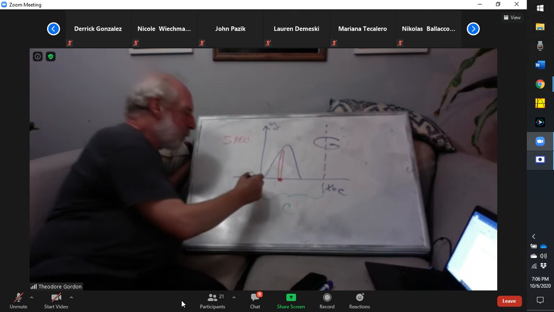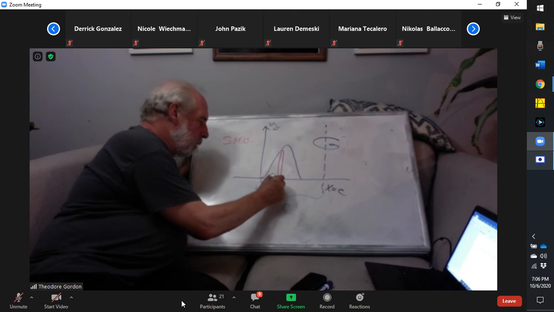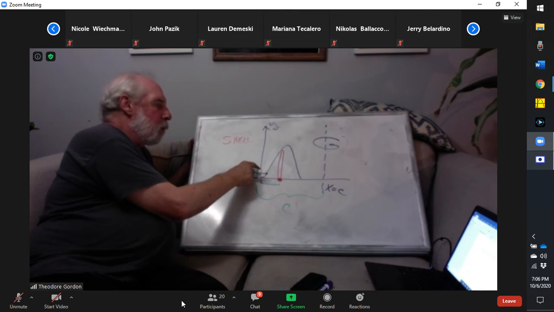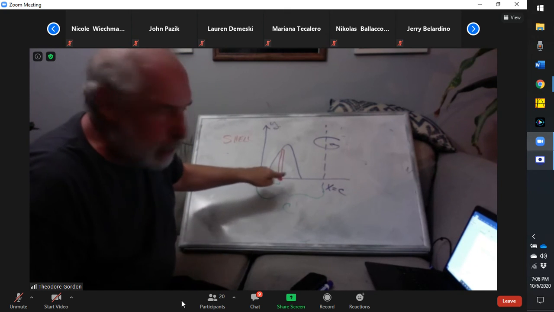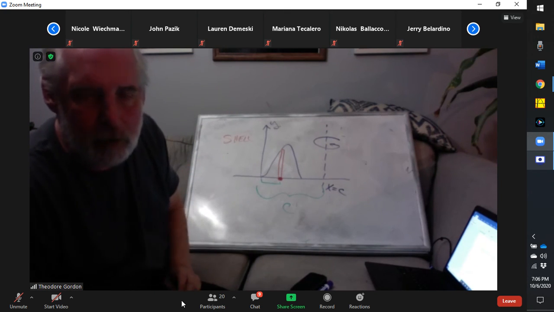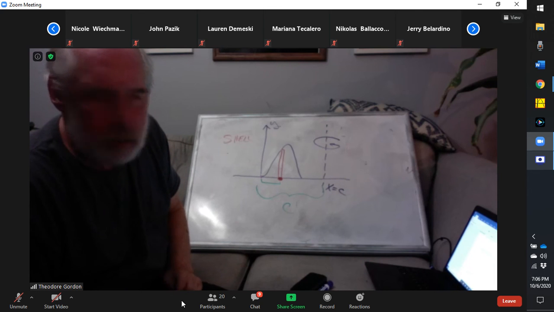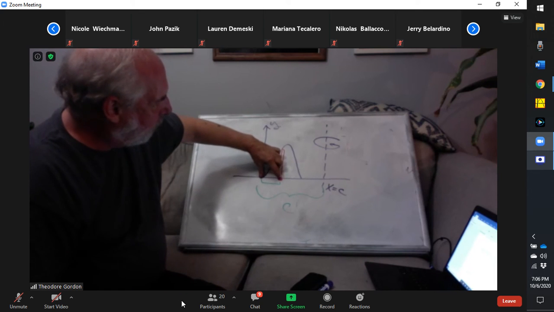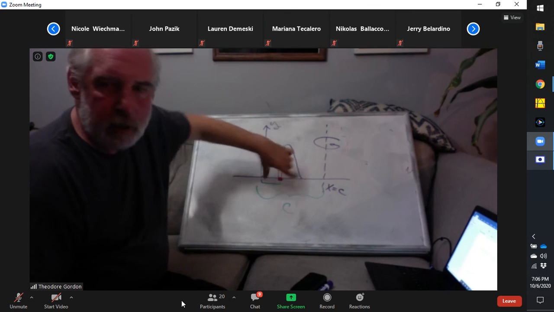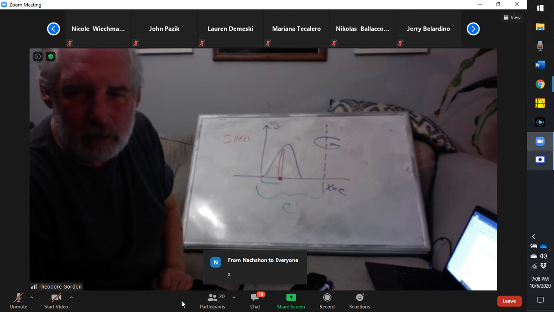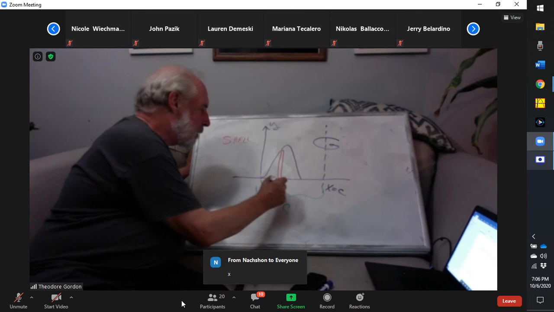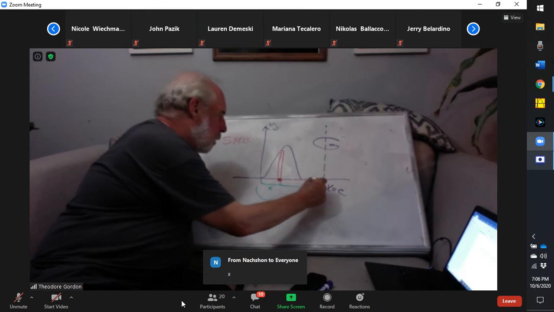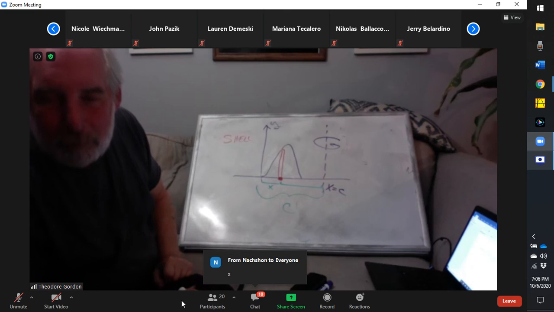Now this distance right here, the distance from the y-axis, how far is it from the y-axis to any point on the x-axis? How far from the y-axis to here, or here, or here, or here? Yes, it's x. This distance is x. What's left over?